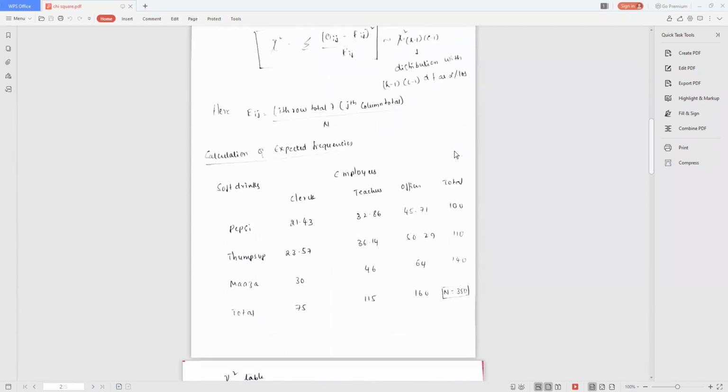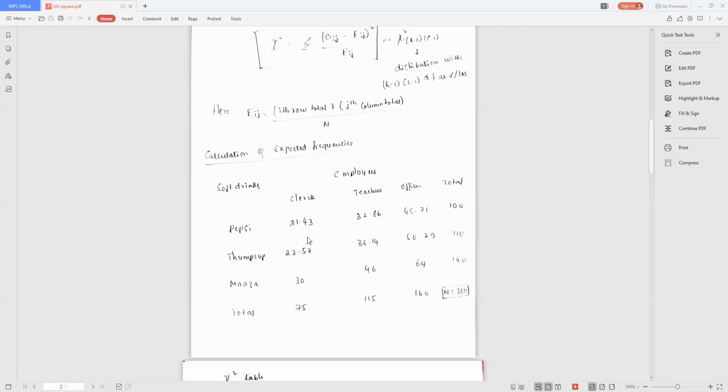We have to rearrange the table like this. They have given three soft drinks, Pepsi, Thumbs Up and Mazda, and we have to write a total here. Clear? In the rows we write clerks, teachers and officers. Here also we write a total, and we have to calculate these expected frequency values.